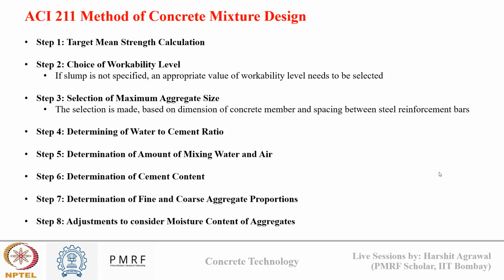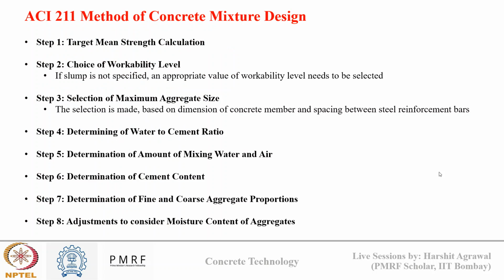So, last week we concluded the week 6 content of the course where we continued the discussion on mixture design of concrete. We first solved a numerical based on the DOE method of mixture design, and then we looked into the ACI 211 method, where we went through different mixture design steps starting from target mean strength calculation up till moisture correction.